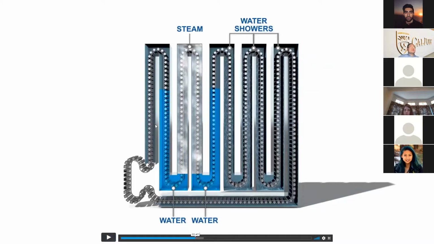And if you look at this figure, because we know that inside this chamber, the temperature is about 250, the pressure is much higher than the atmospheric pressure. So the way that they control the pressure is to use water.